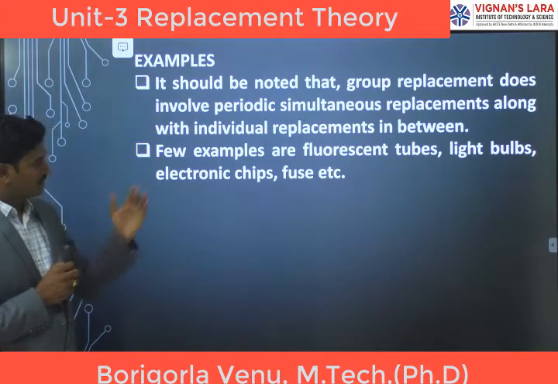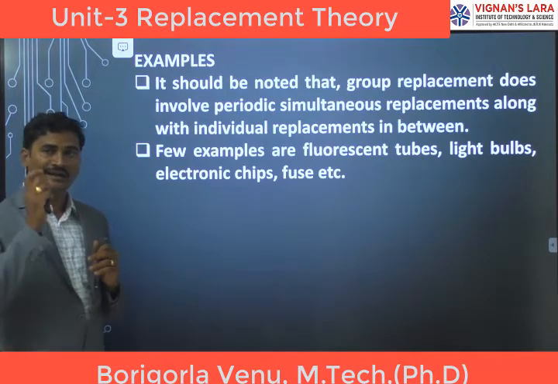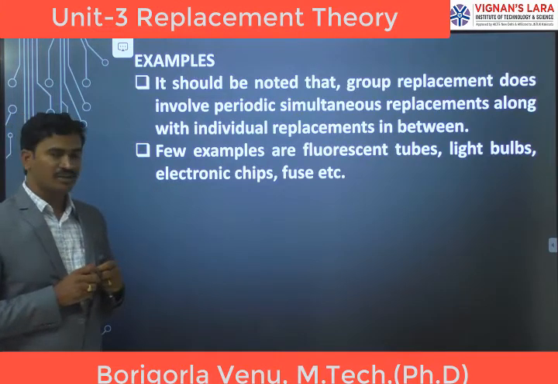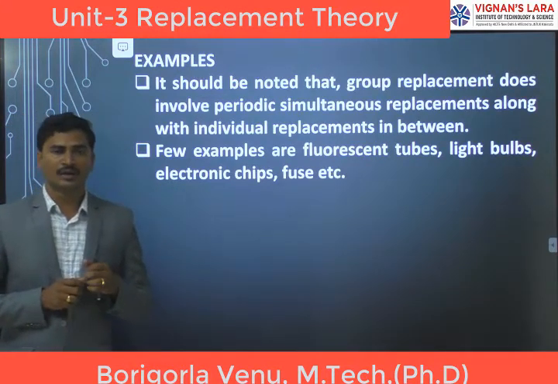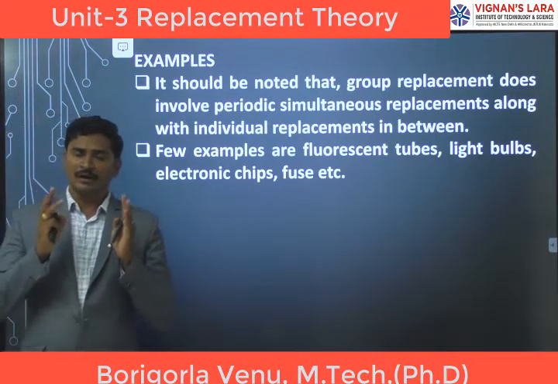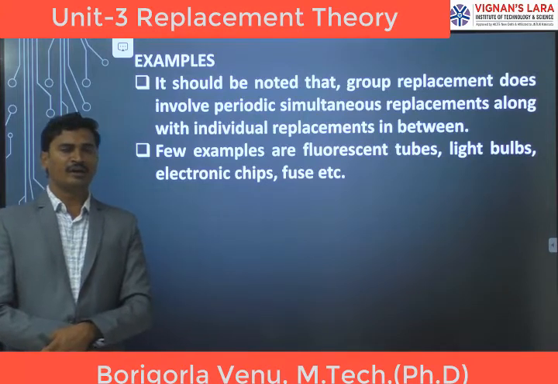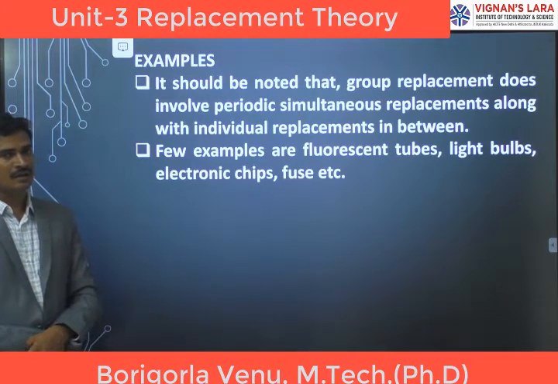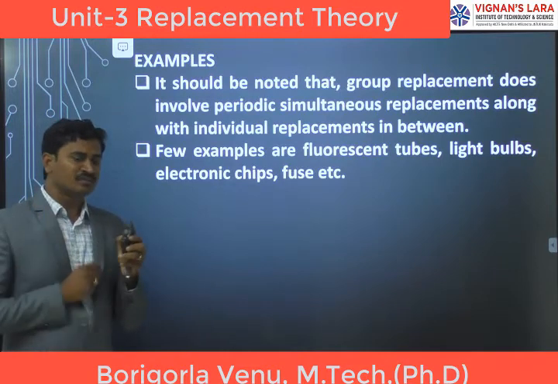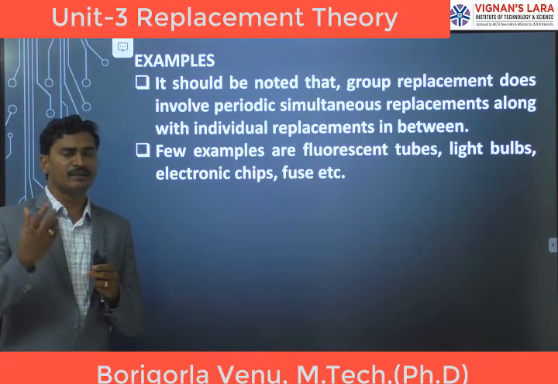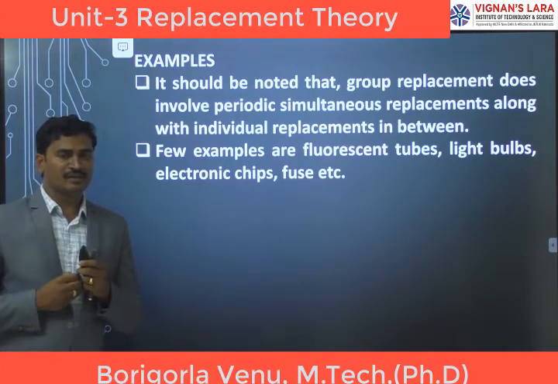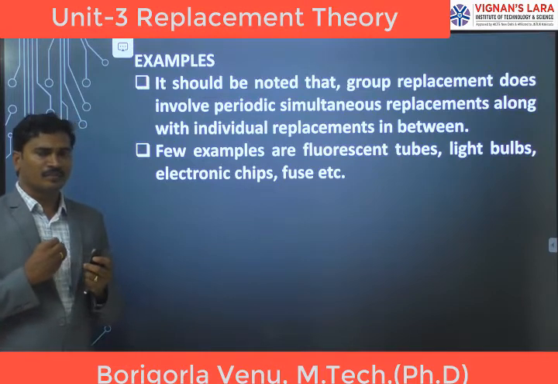For example, fluorescent tubes, the color lights we are using nowadays, light bulbs, electronic chips, fuses, etc. If we take gadgets or any decorative electronic items, those are built with circuits. Those circuits may suddenly fail at any one place. We have to replace that individual circuit by the concept of group replacement.